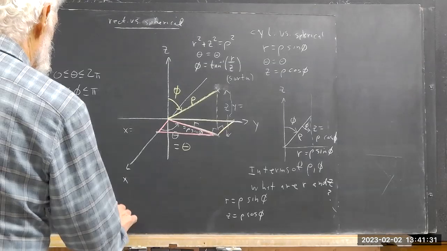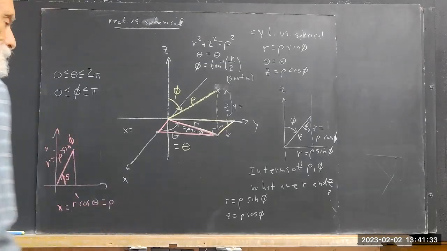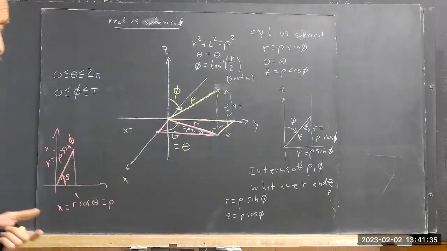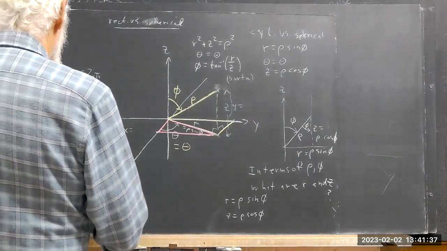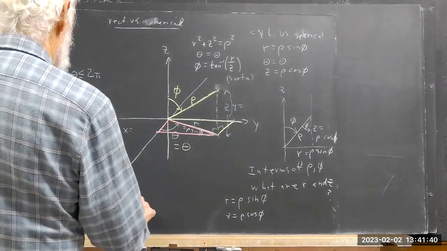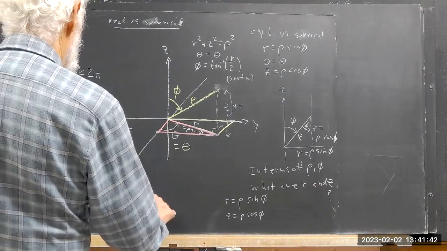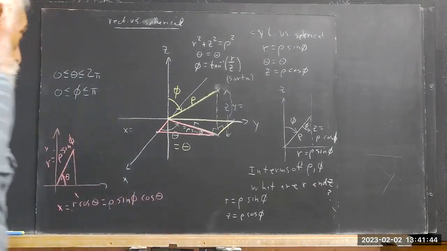But we want it in terms of rho, theta, and phi. So r is rho sine phi, so x is rho sine phi cosine theta.